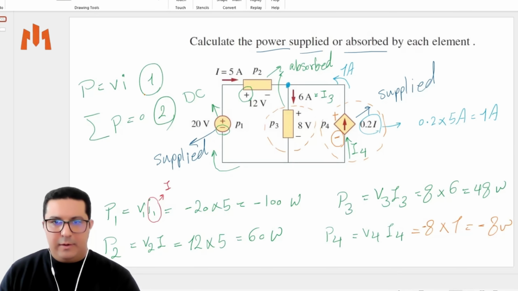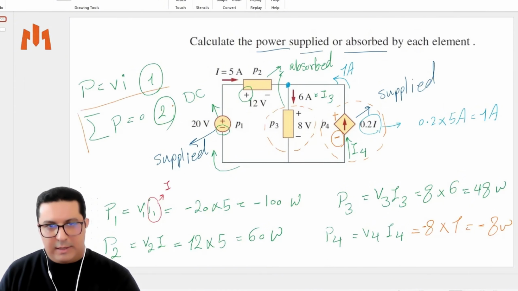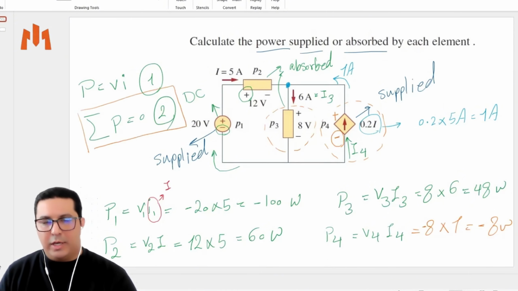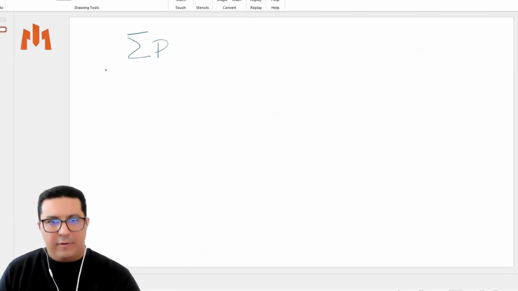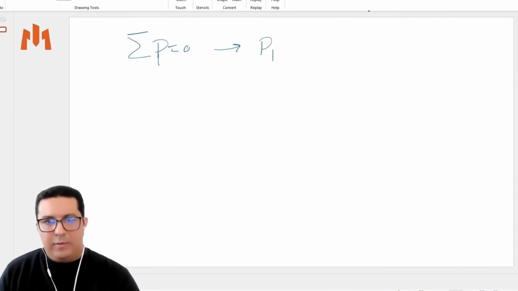So we have 4 elements, P1, P2, P3, and P4. I told you this equation, the sum of power equals 0. It means P1 plus P2 plus P3 plus P4 equals 0.